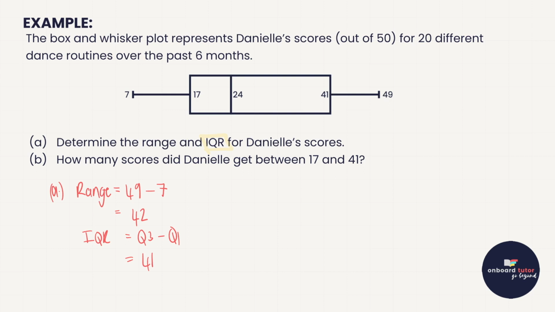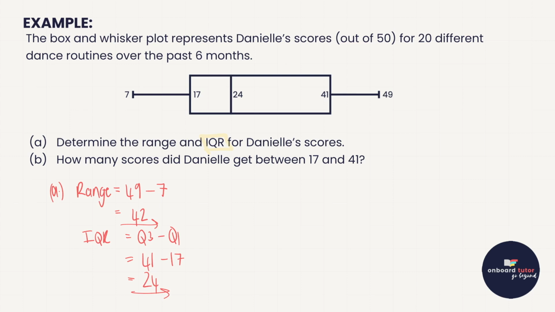And quartile 1's value there, based on my box and whisker, is 17. So 41 minus 17 gives us an answer there of 24. So 42 points for the range, 24 points for the interquartile range. Remember, if you had any outliers, then you're better off going with interquartile range.